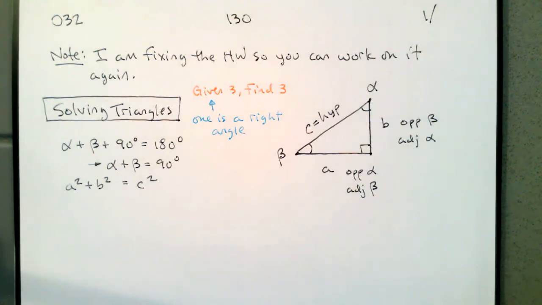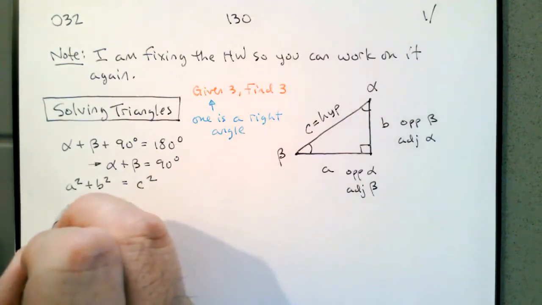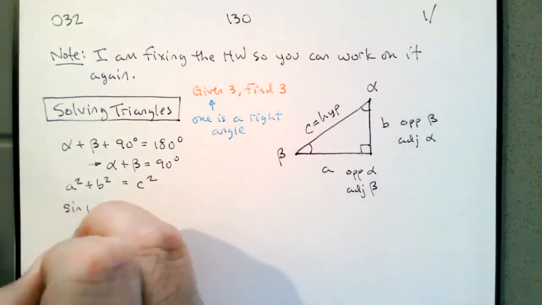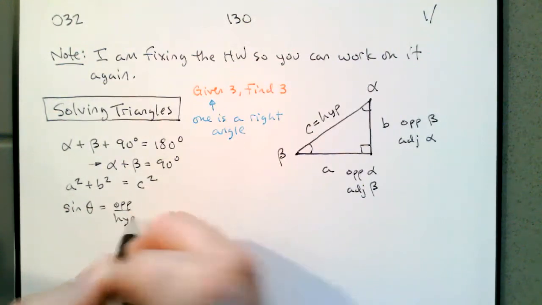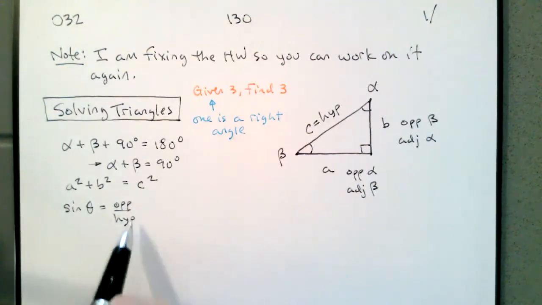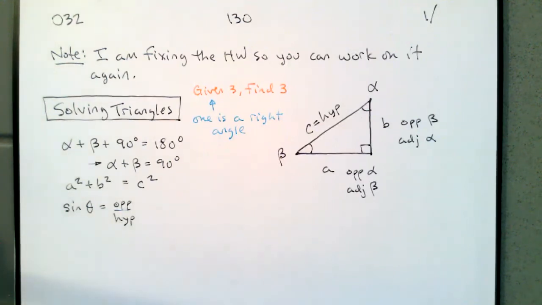In addition to these 2 things, we have one thing that's all angles, one thing that's all sides. We need something that connects angles and sides, and those are the trig functions that we learned about. So sine of theta is opposite over hypotenuse. The fact that we're using hypotenuse in defining our trig functions reminds us that this only works with right triangles.